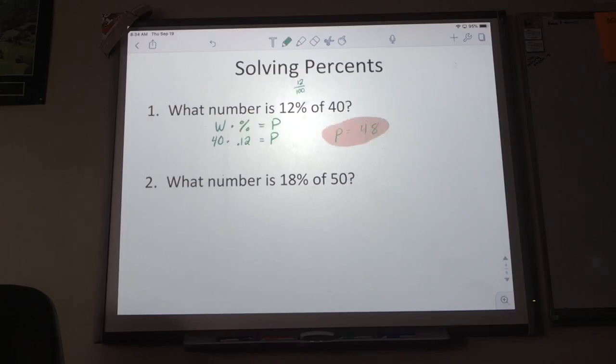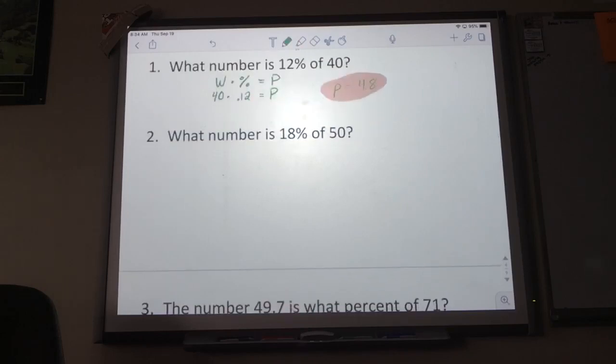Alright, this next one's a little quicker because it's set up exactly the same. We have a whole number, which is 50, multiplied by our percent, which is 0.18, equals P. What's 50 times 0.18? It's 9.